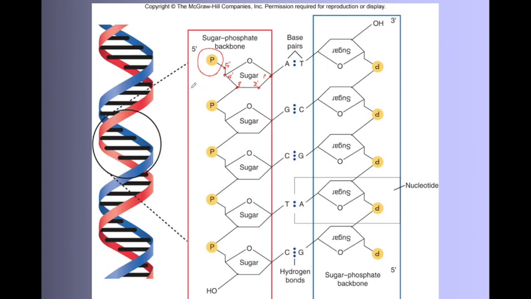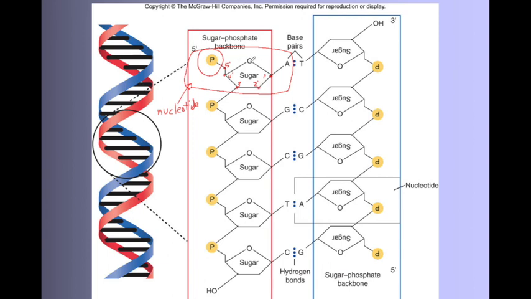Now, one of these guys here, from here up and over, this is called a nucleotide. One nucleotide contains a nitrogenous base, a ribose sugar. I keep saying ribose. This is deoxyribose, right? So there is no hydroxy group here on this 2' carbon.